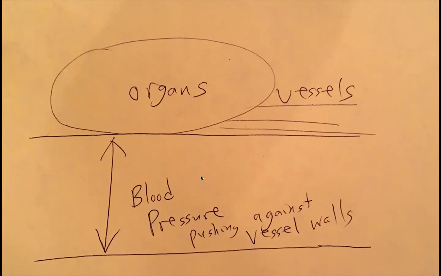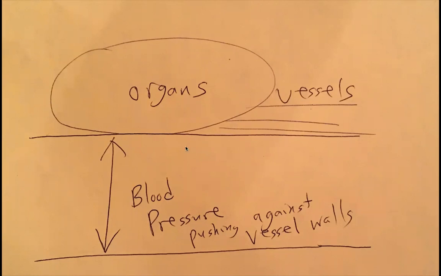Whatever the reason, there is now, imagine, increased blood volume greater than what is naturally supposed to be there. Well, with that increased blood volume comes increased blood pressure, and I mean pressure against the walls of the blood vessel.